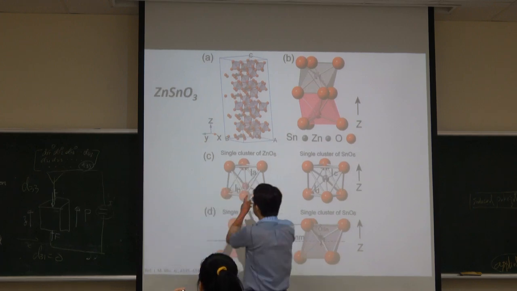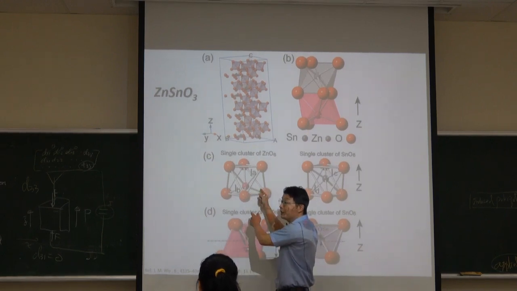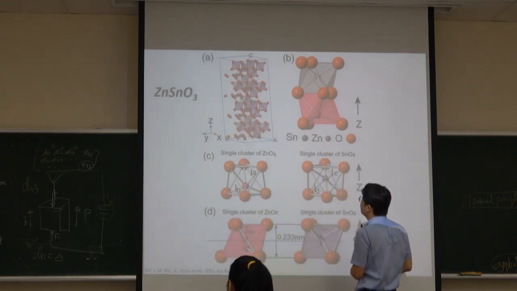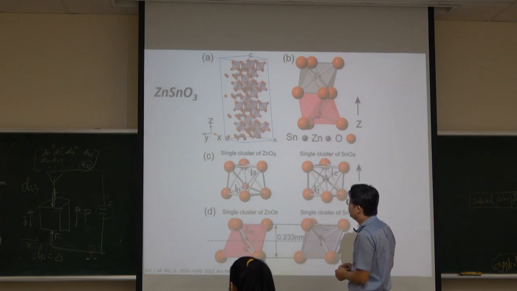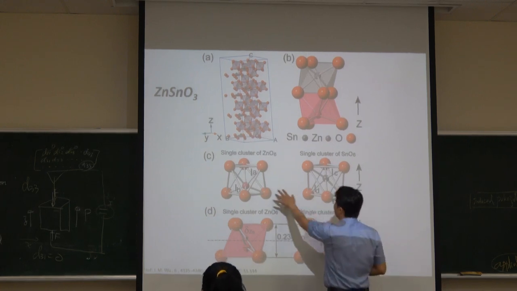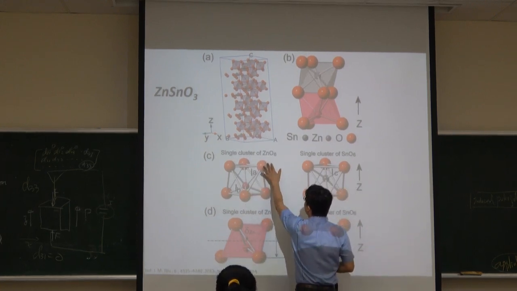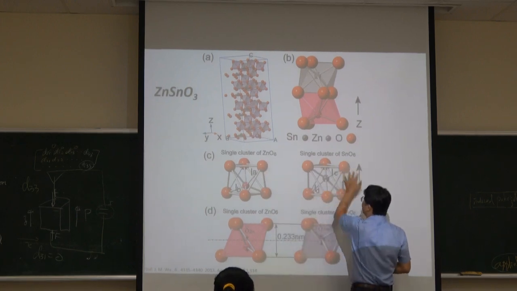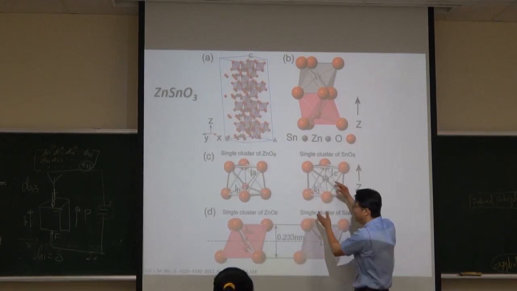So this is the unit cell. Take this unit cell and you see two clusters: one is ZnO6, another is SnO6. So they pack together.